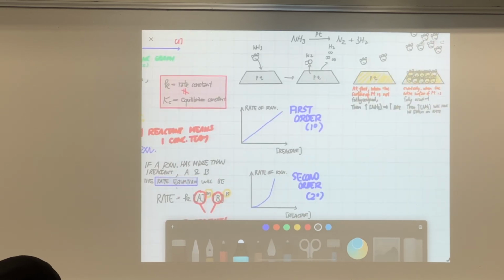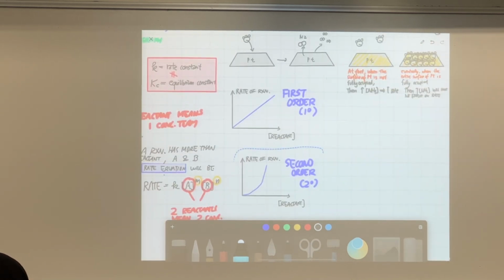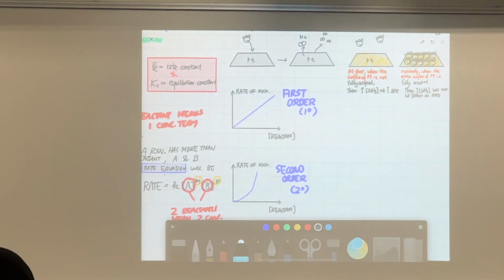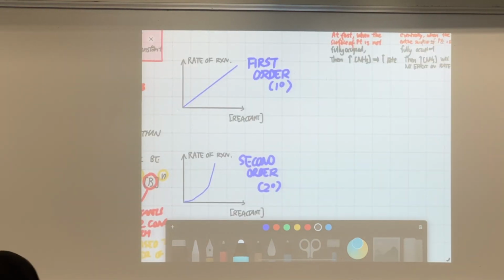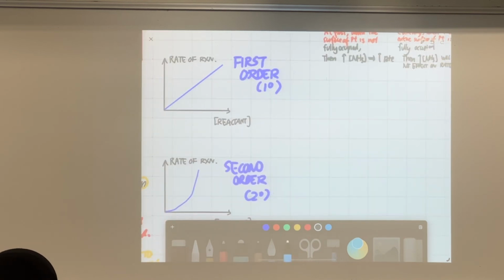What about first order? First order and second order actually make a little bit more sense because increasing concentration will increase rate, right? But there are 2 ways the rate can increase. When you multiply the concentration of reactant by 2, rate will double.